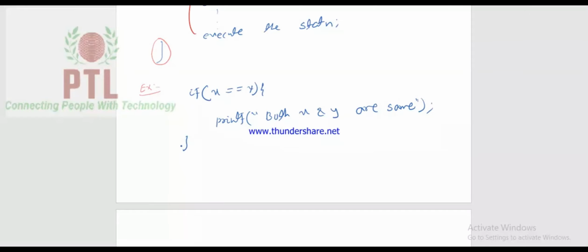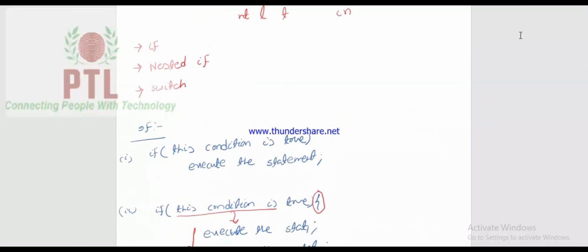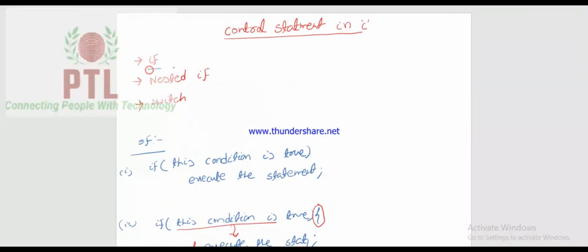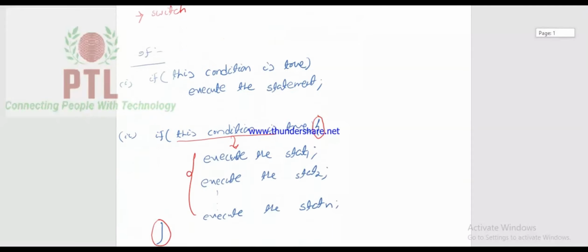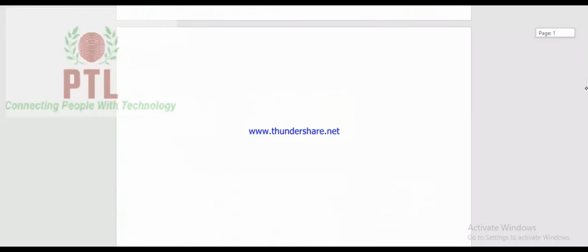This is for the normal if, the first if. Then nested if means we'll have if with else if form. Before that, let me write a program using this normal if.